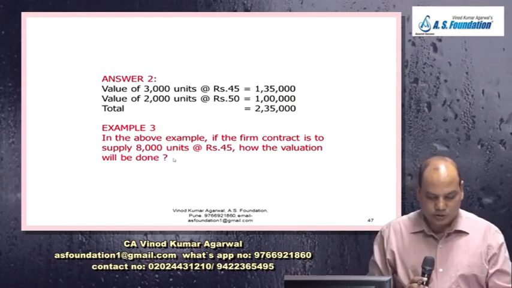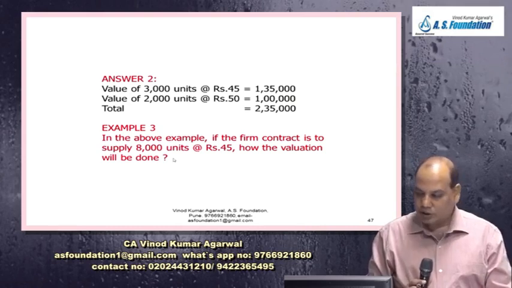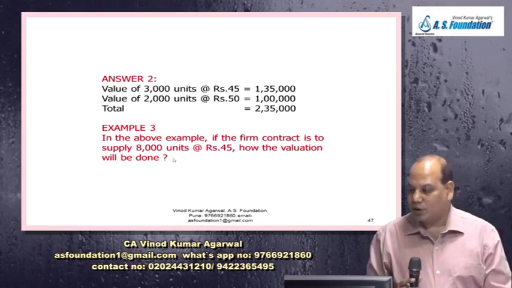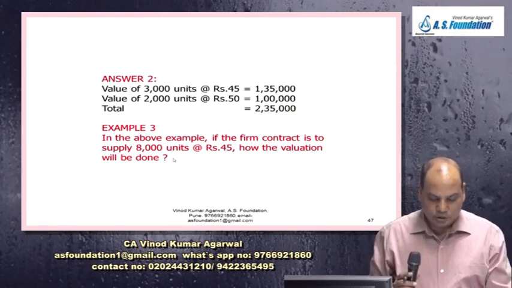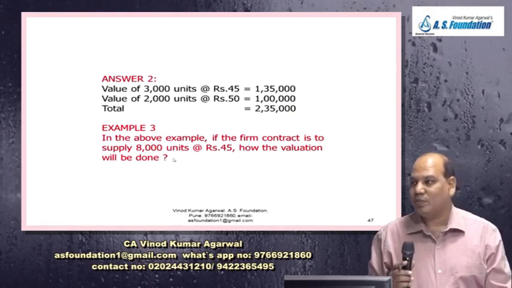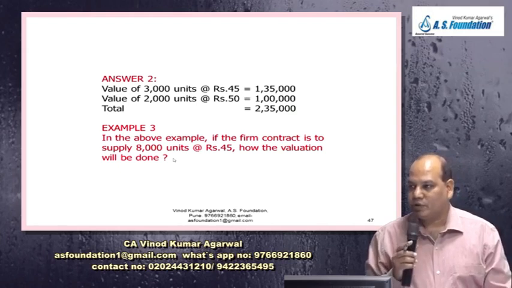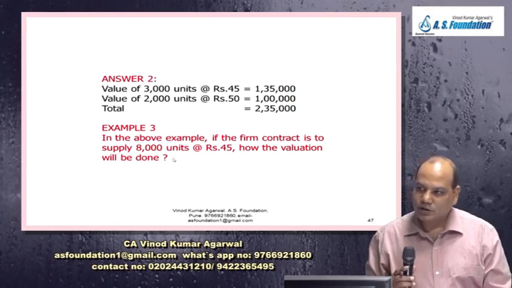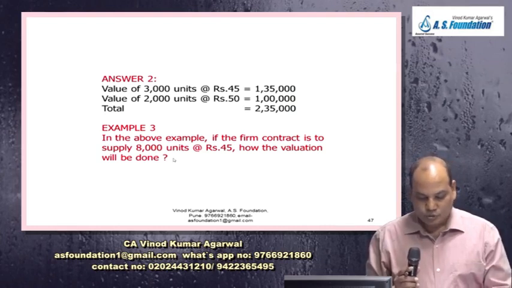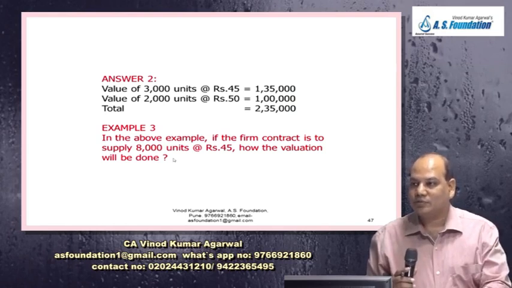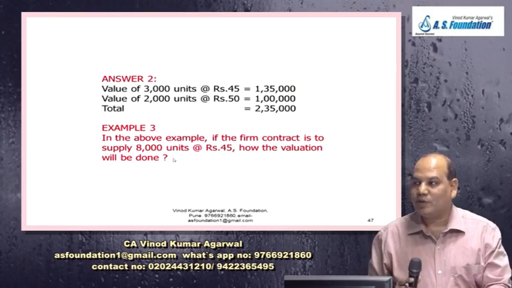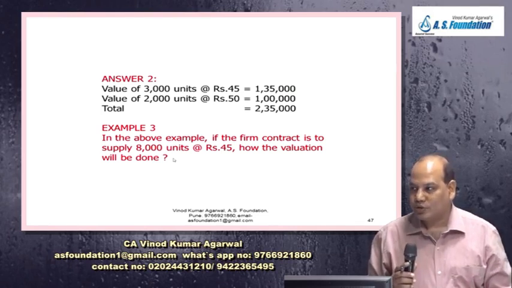So in this case, the entire 5,000 units will be valued at 45, and then Ind AS or IAS 37 will also apply here. What is IAS 37? Provisions, contingent liabilities and contingent assets. So there is a concept of onerous contract, which has become burdensome, where the economic benefit is less than the cost.